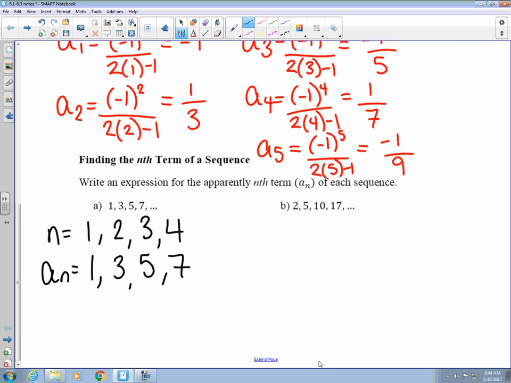To go from our n value of 1 to the a sub n value that matches, we could add 0 or multiply by 1, but neither of those options would work for the other n values. So we have to think about something else, maybe multiplication and addition or subtraction, something like that.